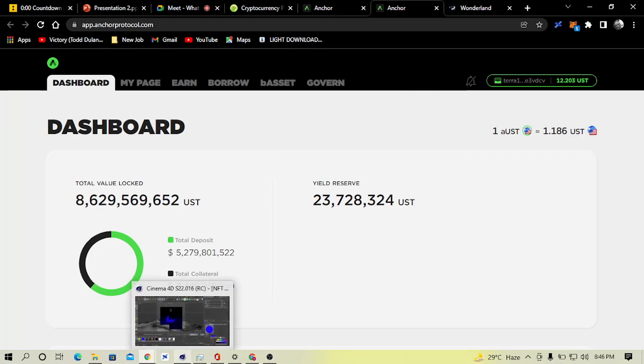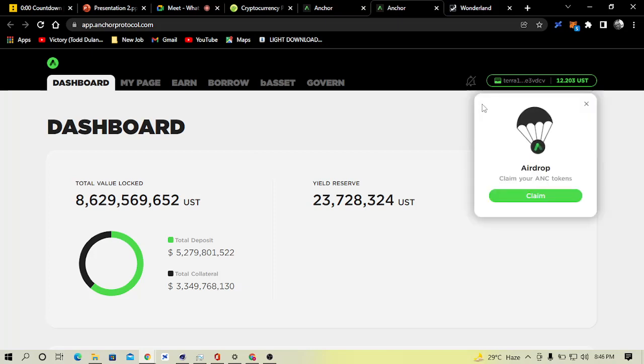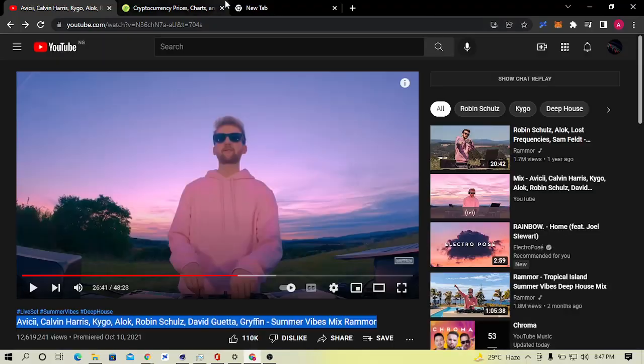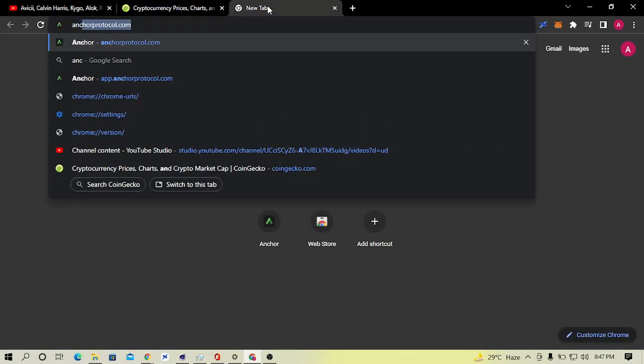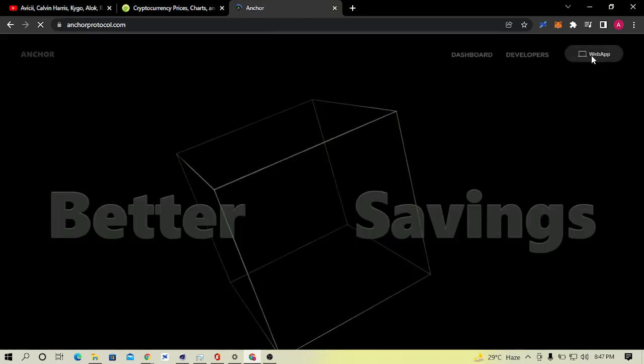So this is a protocol that allows you to keep your money, basically, to stake your money here. Let me open it on this one. Okay, just give me a second.